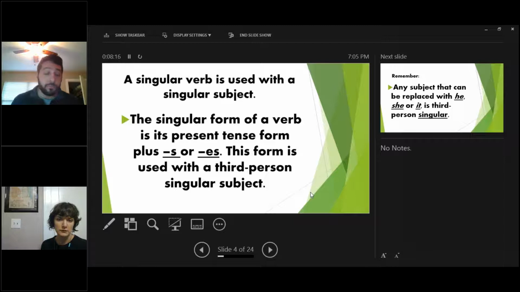Another common subject are pronouns, so replacing a name with he or she, or replacing a thing with it. So the singular subject, no S, needs to agree with a singular verb, which will have an S or an ES. And that form is used with a third person singular subject.